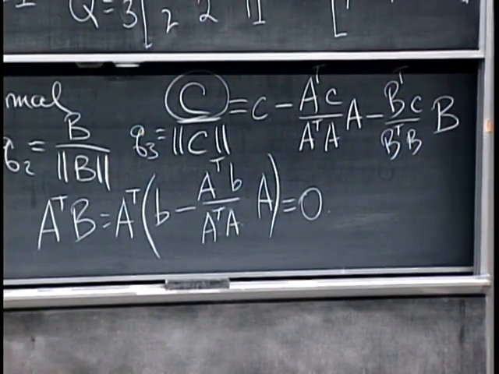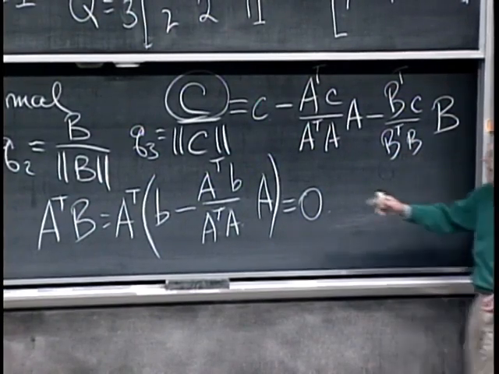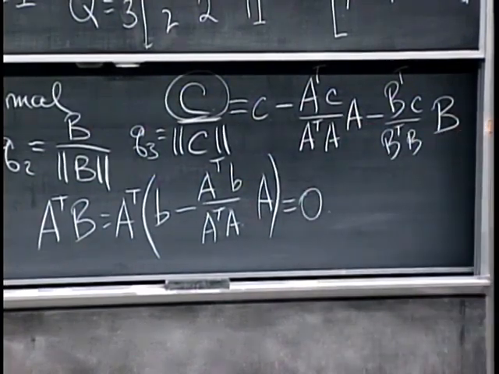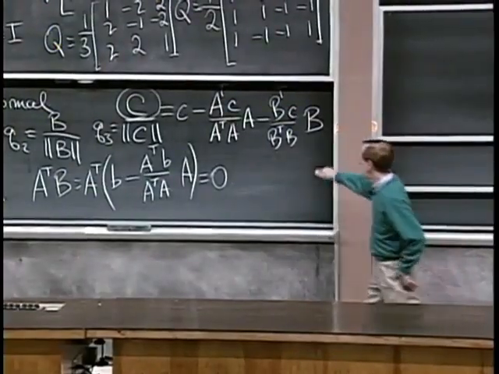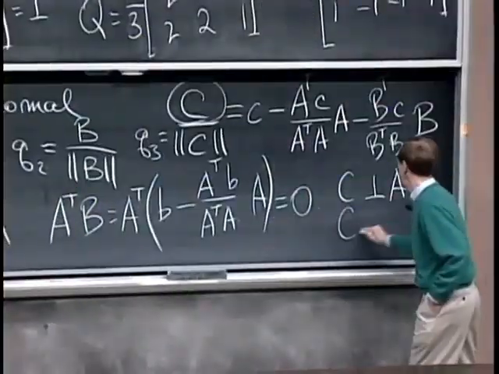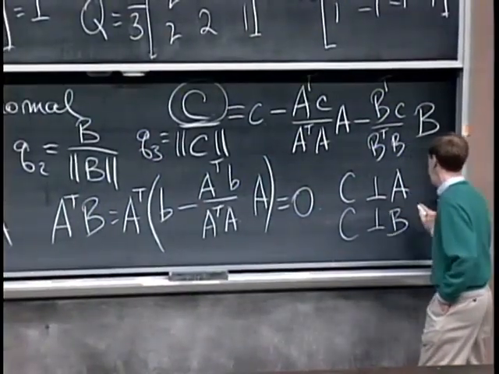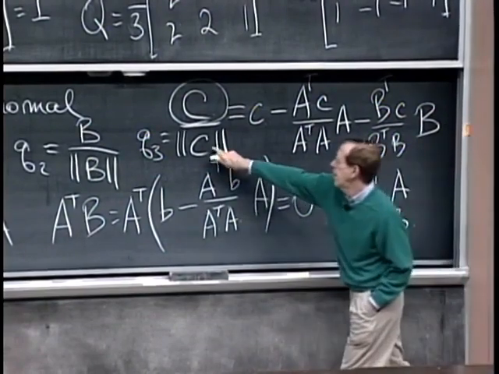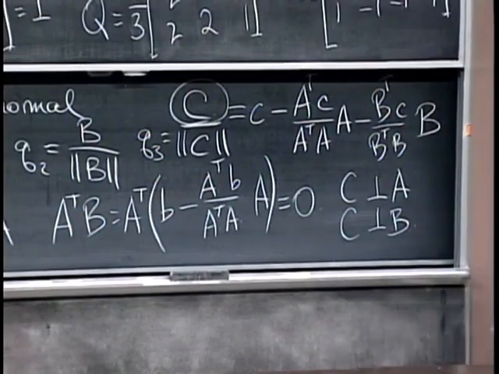And that gives me the vector capital C that, if there's any justice, should be perpendicular to A, and it should be perpendicular to B. And the only thing it hasn't got is unit length, so we divide by its length to get that too.